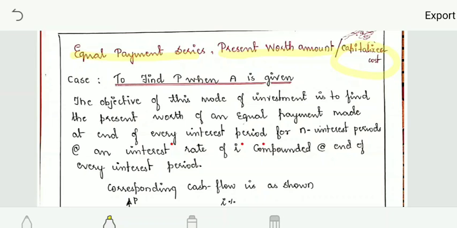So what investment should you make now so that you get a known value of year-end payment for n years? The factor which will be multiplied with a known quantity of equal year-end payment will give you the present investment cost.